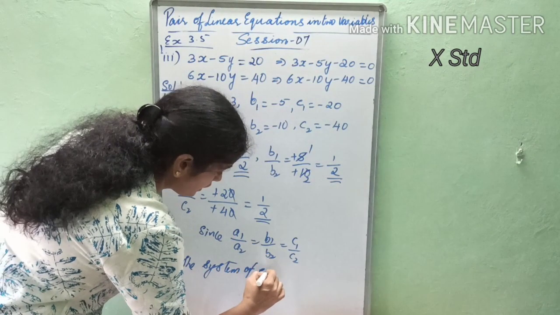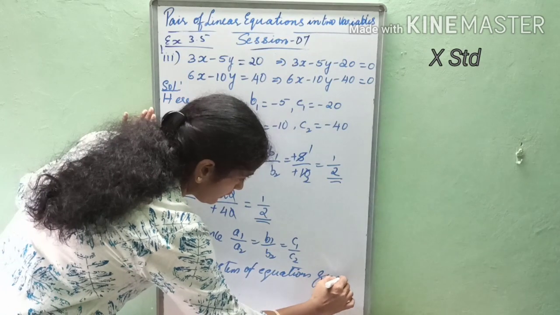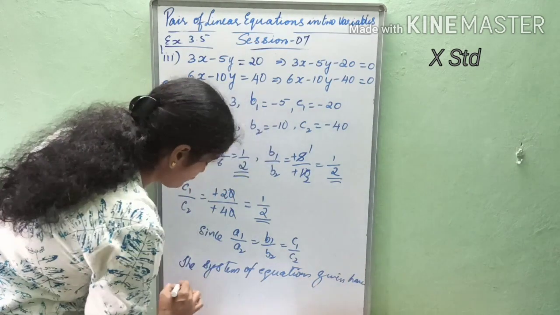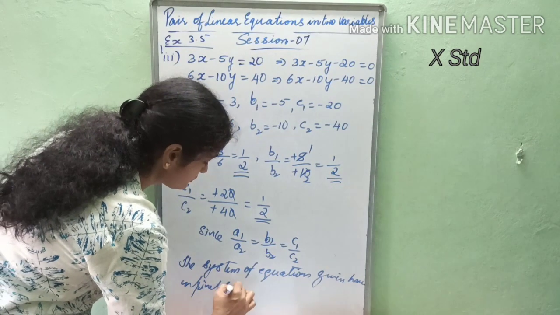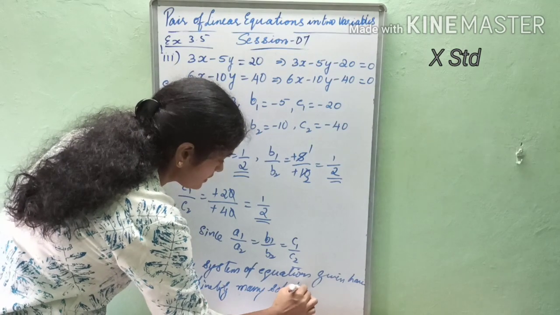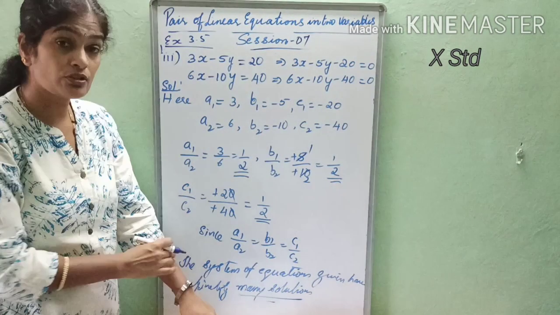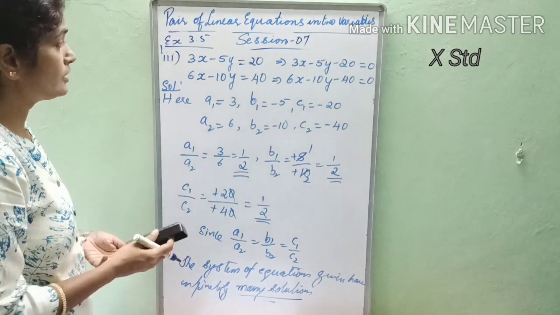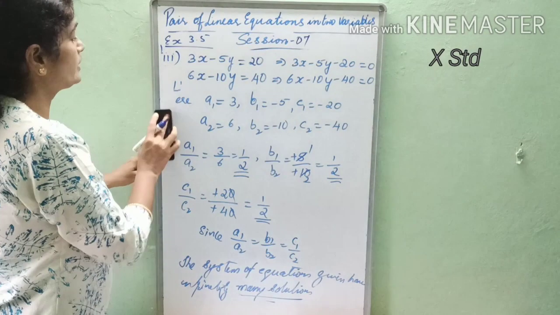So then we need not find out the solution, because they have asked you to find it only if it has a unique solution. With this, we'll move on to the next question.